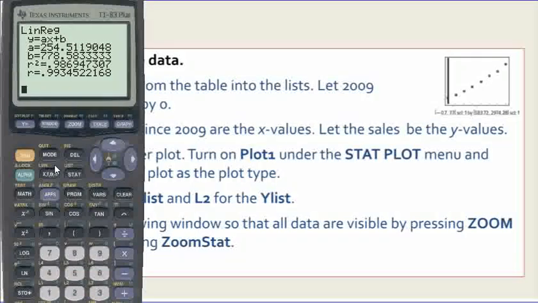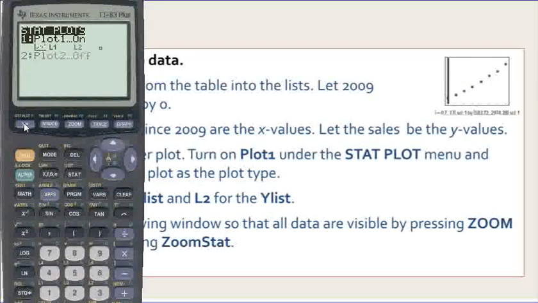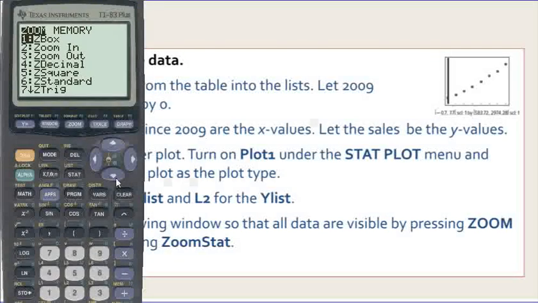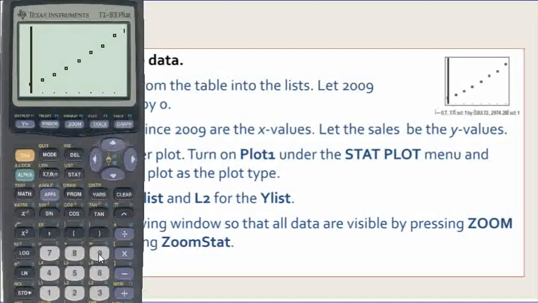Let's make sure our stat plot is turned on. So hit second, y equals. It is turned on, mine's on scatter plot, so I'm good here. So I hit zoom. Number 9 is zoom stats. So if you go down to number 9, or just hit number 9, zoom stats. I have my graph, so that's what it looks like on the screen.